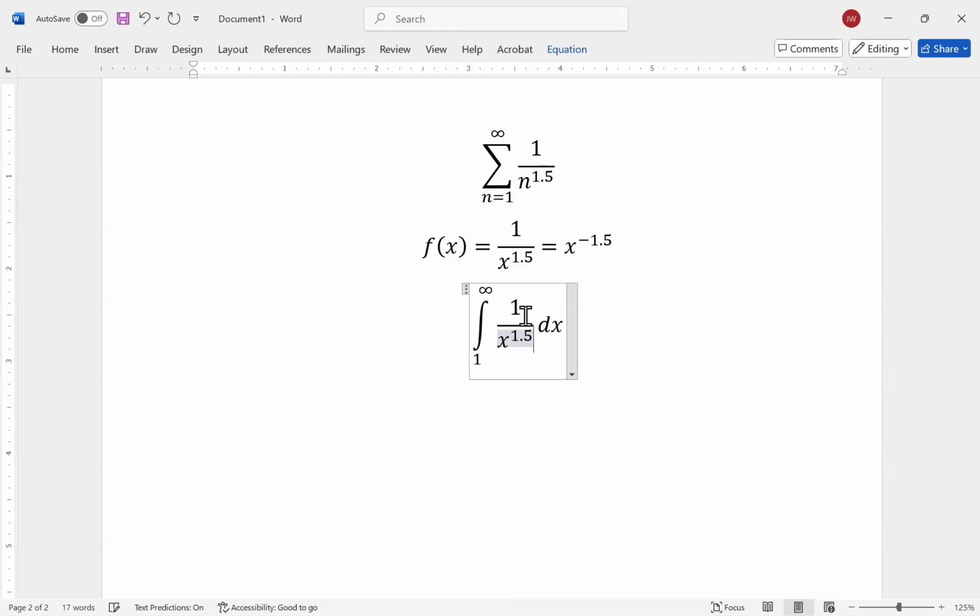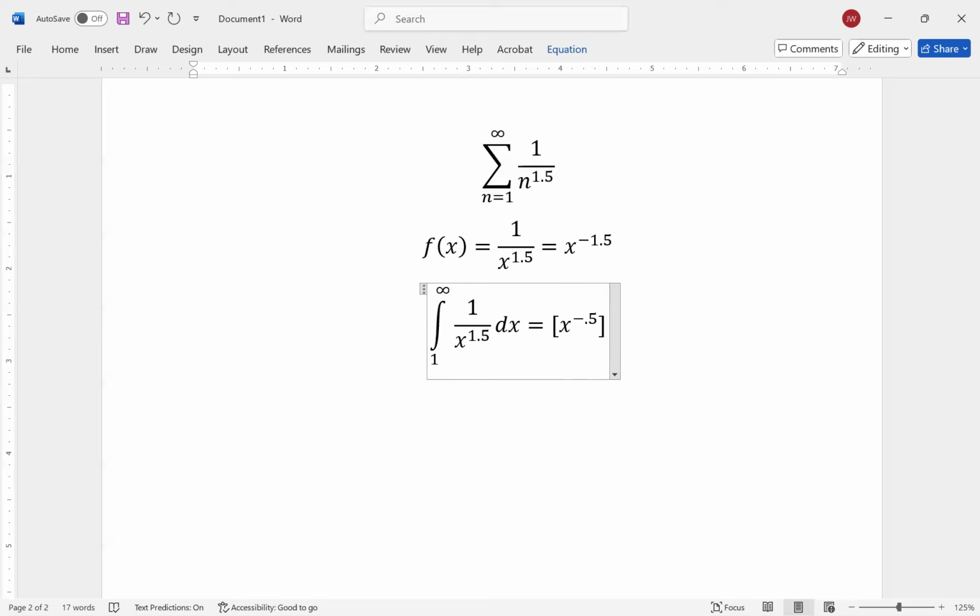I had my last integral there. So let's integrate that. The antiderivative of 1 over x to the 1.5 power is the same as the antiderivative of x to the negative 1.5 power. So what I would do is add 1 to that exponent. That would be x to the negative 0.5 power.